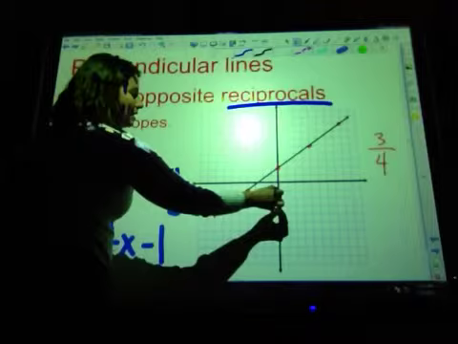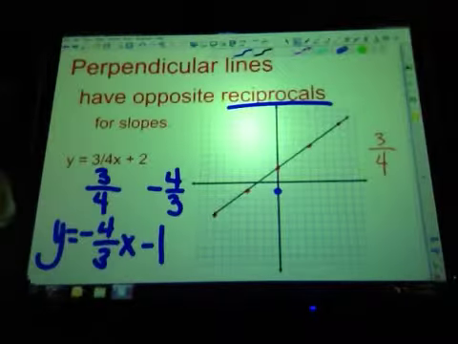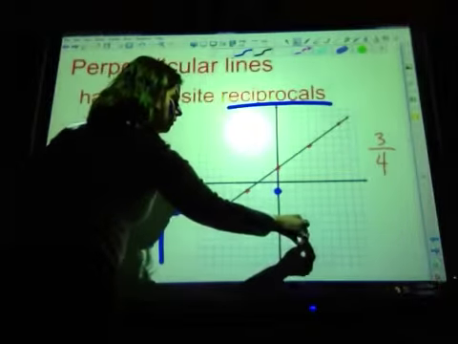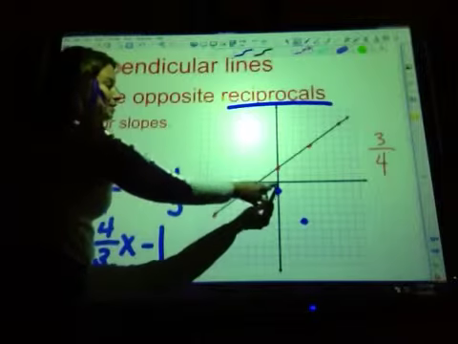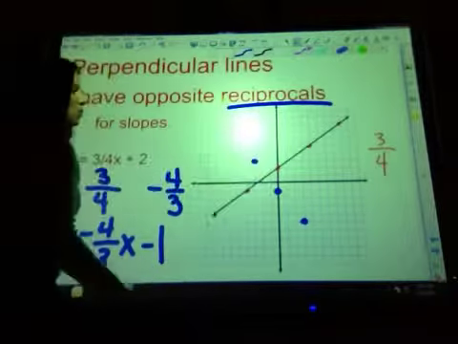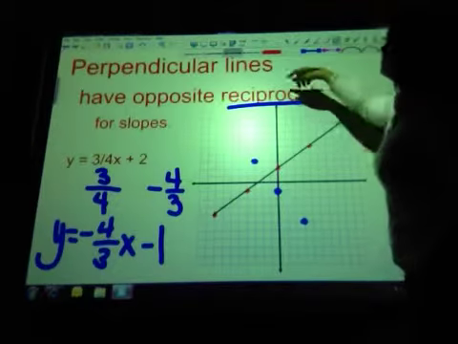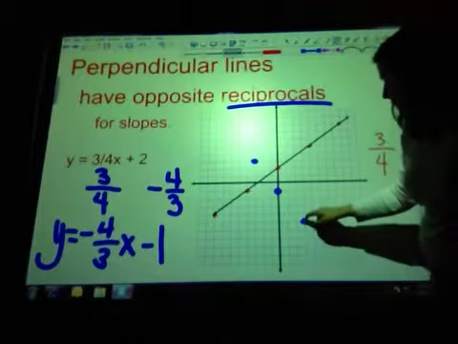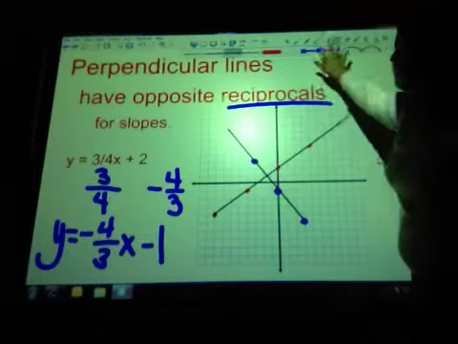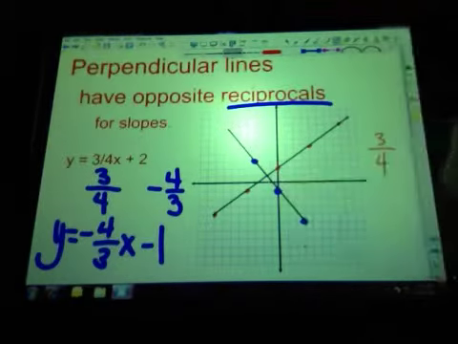So if my y-intercept is -1, from there I'm going to go down 4 and 3 to the right. I could also start here and go up 4 and 3 to the left. When I draw a line through my new dots for my new equation, you'll notice that my intersection point makes perpendicular lines.